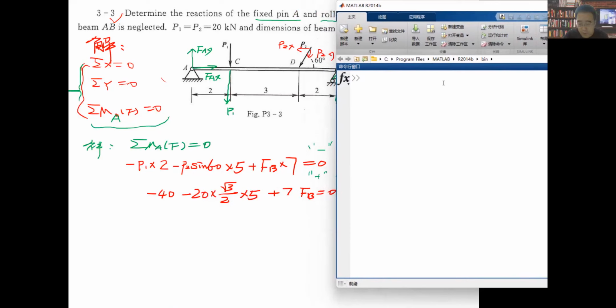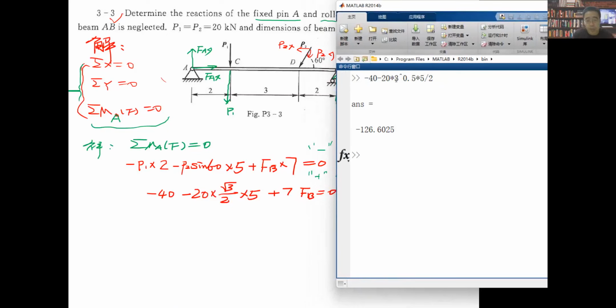So first we do minus 40, minus 20 times square root of 3 over 2 times 5, right?